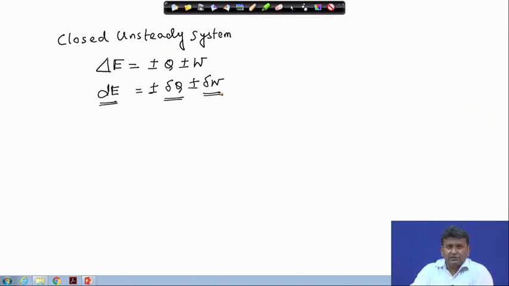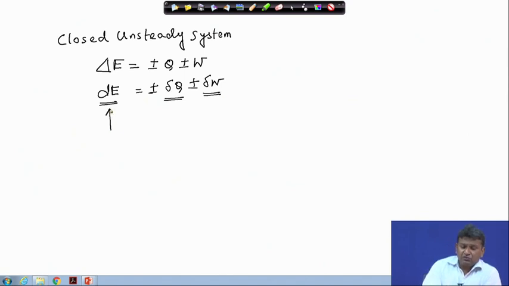So, please do care to write that dE is an exact differential, because you can integrate it between state 1 and state 2, and there are going to be energy levels associated with the initial state and the final state, while at the initial state or at the final state there is no Q or no W. So, this is only energy in transition. It is only when there is a process that there can be heat transfer or work done. So, this is a good point to highlight how path functions correlate with inexact differentials.